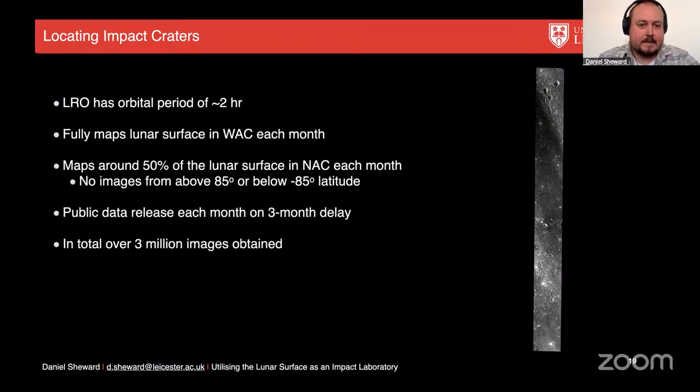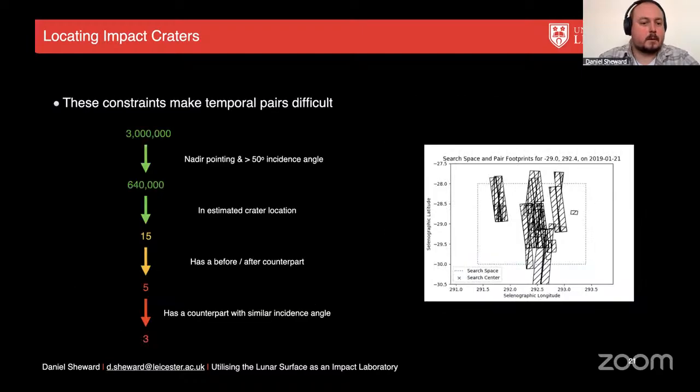Which sounds like a lot of data, should make things easy, but in fact, it's not as easy as it sounds because you have these 3 million images in total. Once you consider that you need very narrow tolerances on which images can actually be used, like you need nadir pointing images and you need an incidence angle of greater than 50 degrees, that narrows the pool quite a bit.